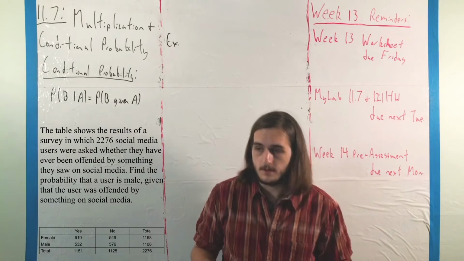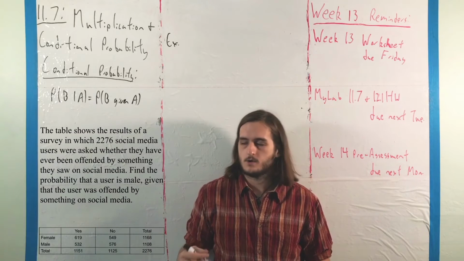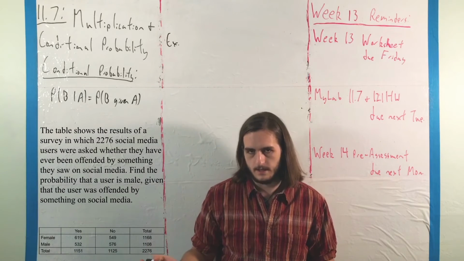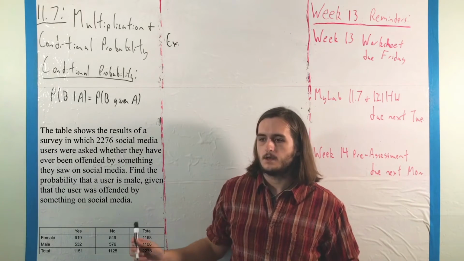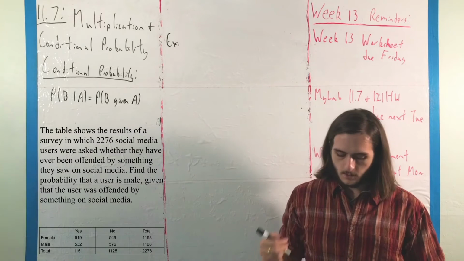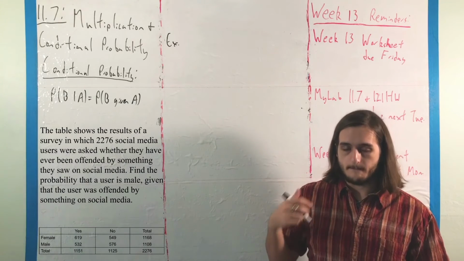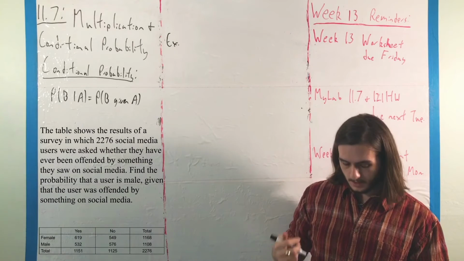So with this type of problem, the big thing to pay attention to is exactly how the table we're working from, if we're given data in this way, is formatted. In this case, we've got it broken down by 4 categories: yes, no, male, female. Where here, we are saying that we want to find the probability that the user was male given that the user was offended by something on social media.